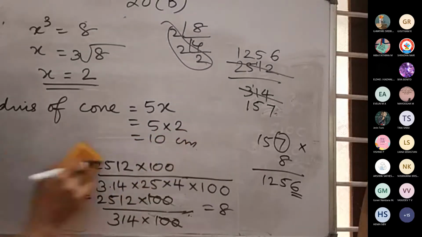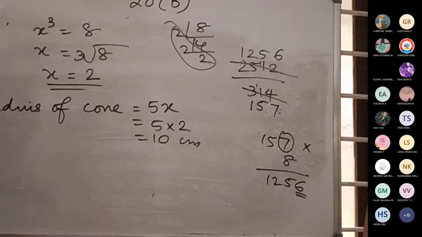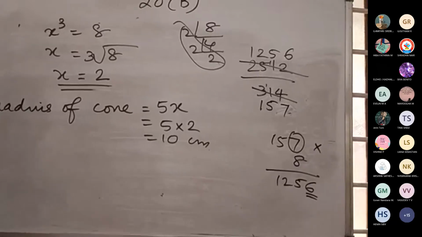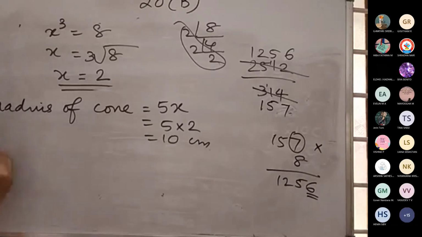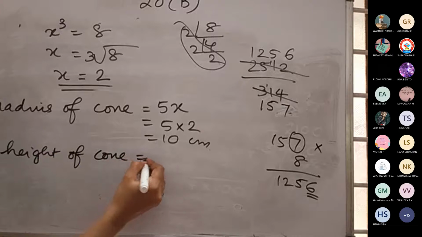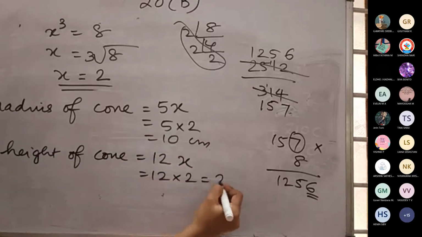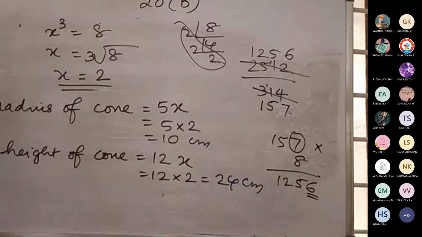Then height of the cone is equal to 12x. 12 into 2 which is equal to 24 centimeter.